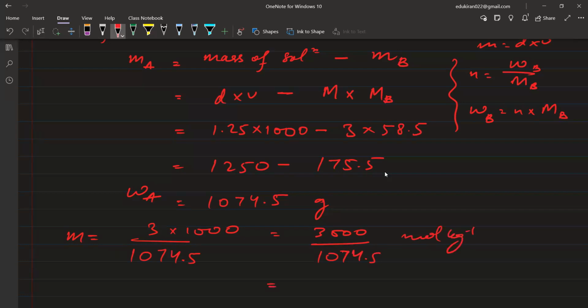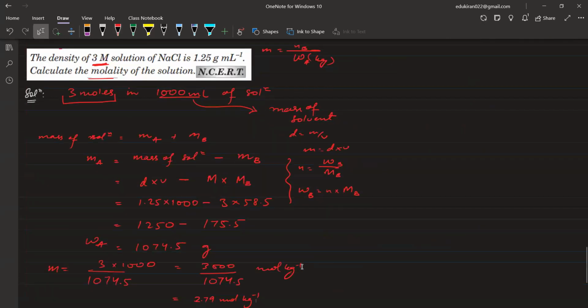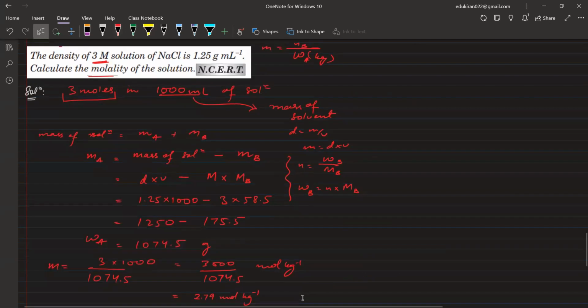Almost आपके पास क्या आंसर आ जाएगा? 3000 divided by 1074.5 is equal to 2.79 moles per kg. Can you please write this down? समझ में आया सबको? Yes, sir.